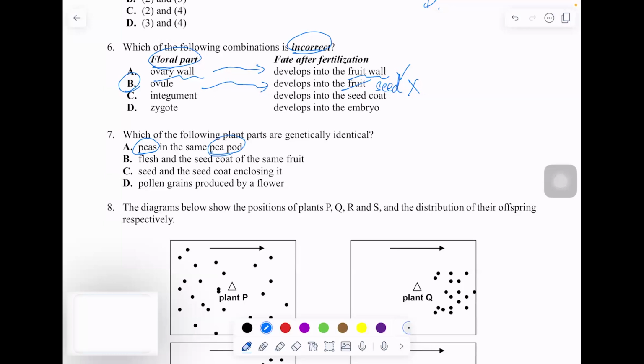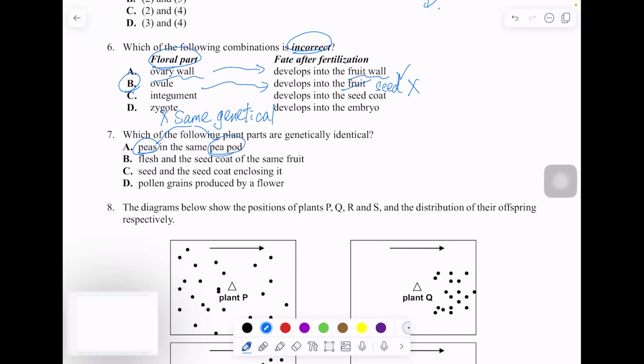The seed contains different genetic material compared to the somatic cells of the plant. Therefore, they do not have the same genetics, they are genetically non-identical.